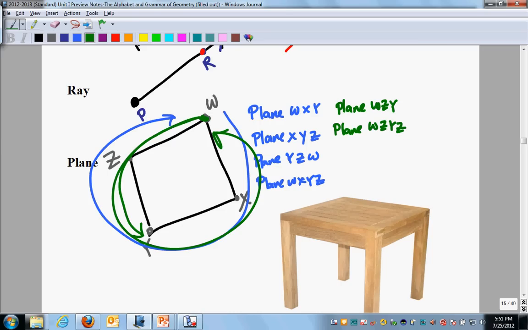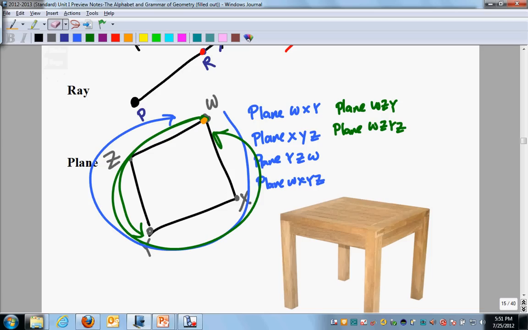The only way you can't name this plane is what's called a Z formation. You cannot name it going in a Z formation, for example, WZXY. Trace that, physically trace. Do this with me. WZXY. You cannot Z label a plane. You have to go clockwise or counterclockwise.